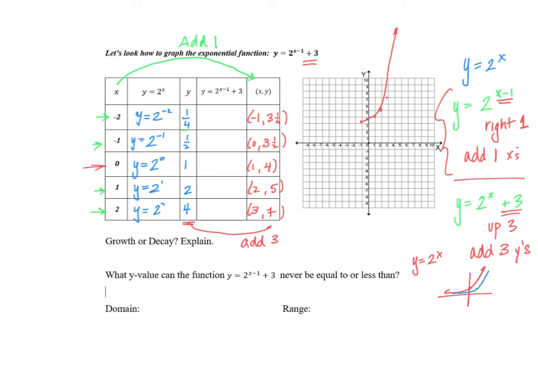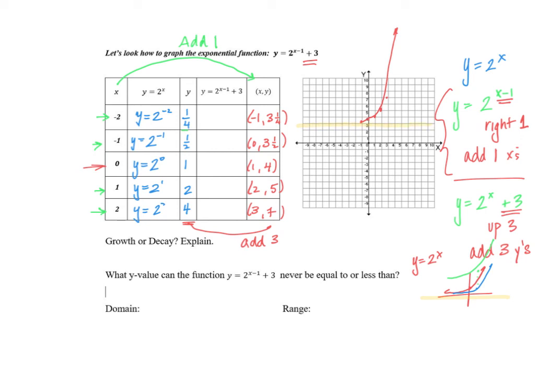So now it looks like this. And then what did I do? I moved it up 3. So this point's going to go up 1, 2, 3. So it's going to look something like that. So if my original horizontal asymptote was at 0, my new horizontal asymptote went up 3. So 0 plus 3 means that my horizontal asymptote is now going to be at y equals 3.